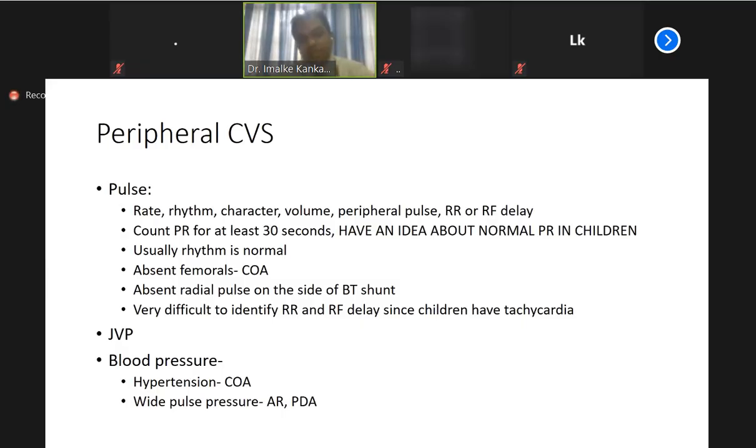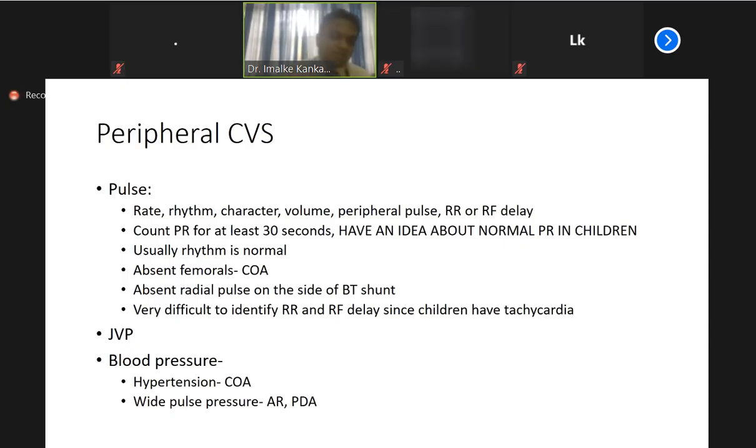In theory, yes, because their heart rate is very high in children. It's a difference of a millisecond, which you will not be able to appreciate. So you just demonstrate that you are going to do it, but at the time of presentation, just say radio-radial delay. I'm telling you in pediatrics only, right? In adults, I don't know. I have never found a patient in which I could appreciate radio-radial or radiofemoral delays. But look for it. Show the examiner you're looking.